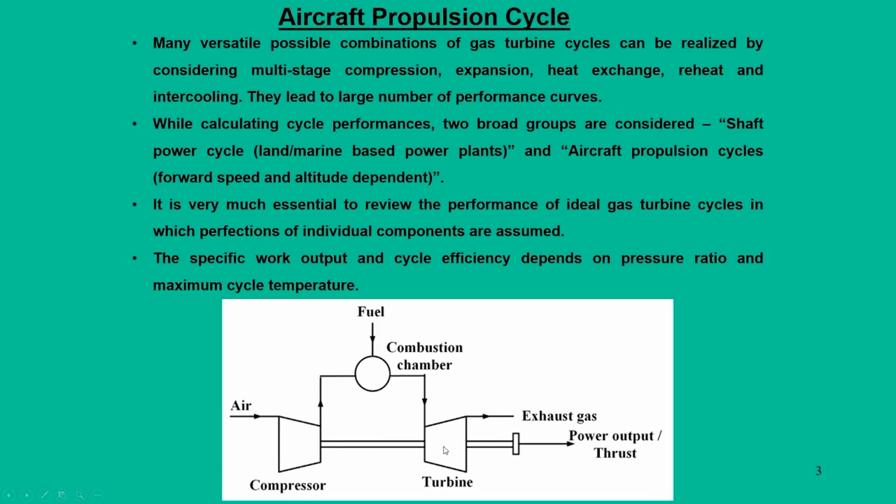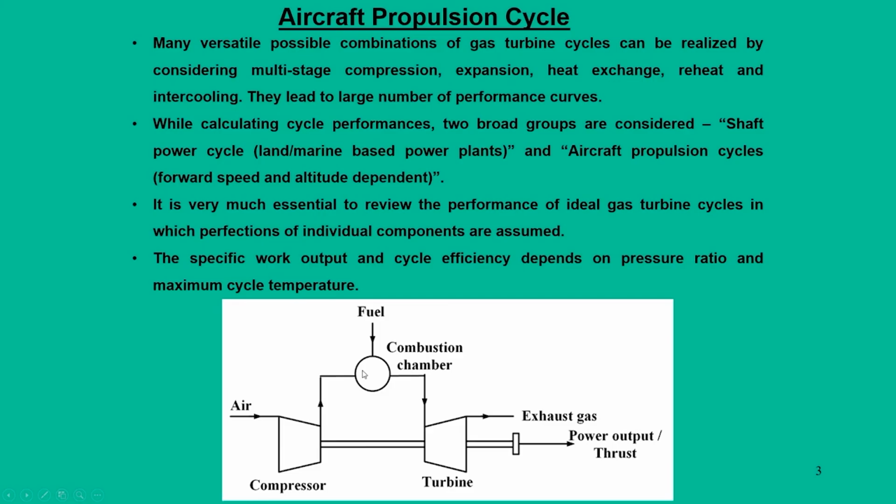If you look at the basic cycle of a gas turbine system, we have a compressor, turbine, and combustion chamber. Air is fed into the compressor and after compression it is high pressure air, and to some extent the temperature also increases. It enters the combustion chamber in which fuel is added.